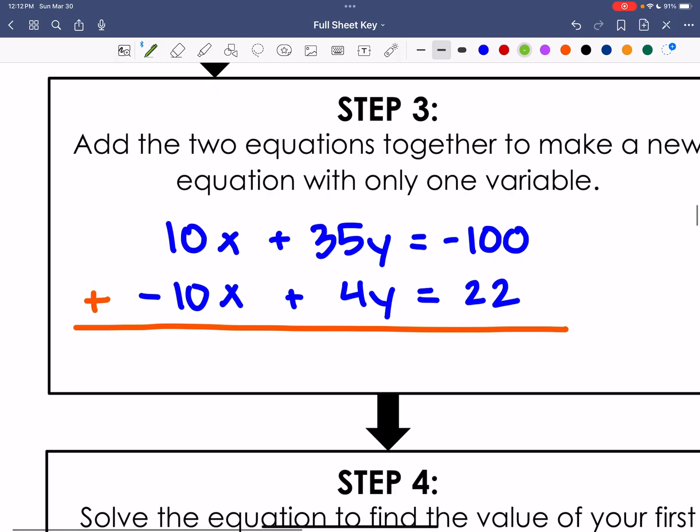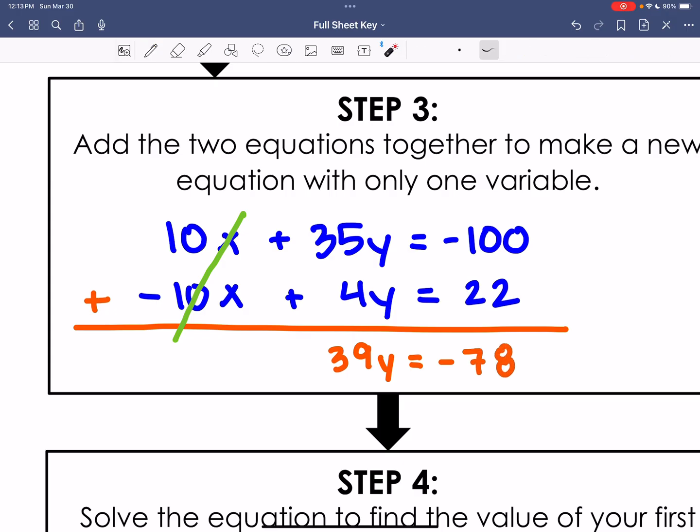So our x's will get eliminated. This is a 0 pair. There's no need to write 0 x's. They're gone. We don't need to write it. And then 35y plus 4y gives us 39y. And then on the other side, negative 100 plus 22 gives us negative 78.